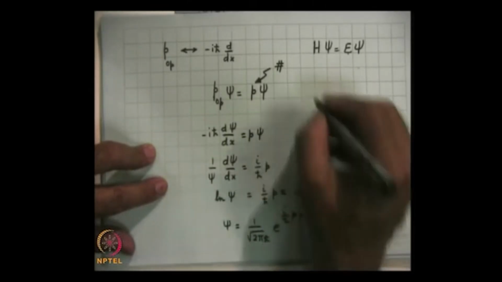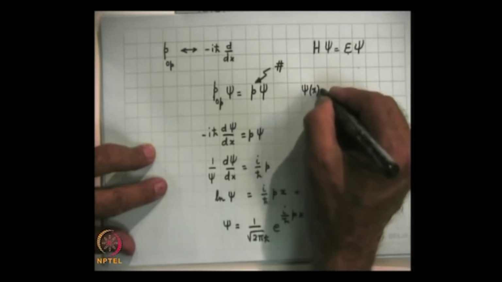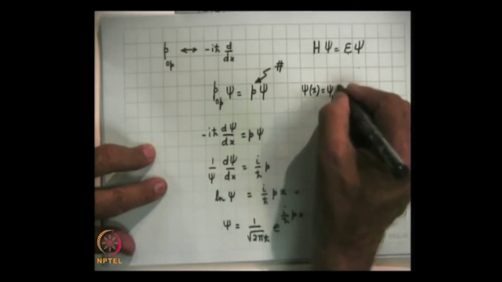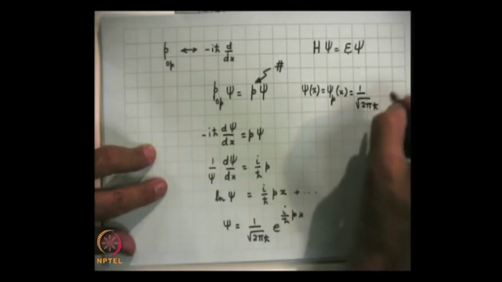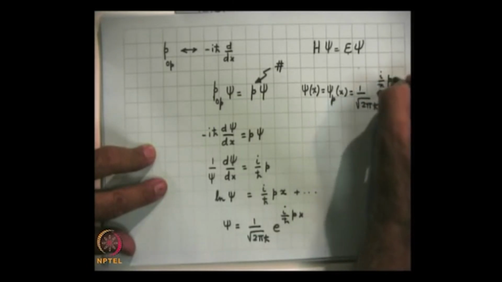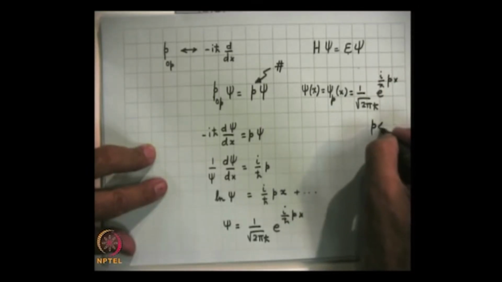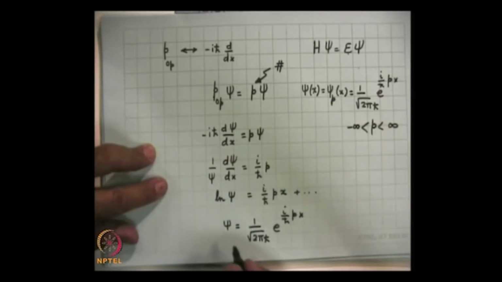So, these functions psi of x, I write as psi p of x, and I have put the factor 1 over root 2 pi h cross, e to the power of i by h cross p x, where p can take any value from minus infinity to plus infinity.